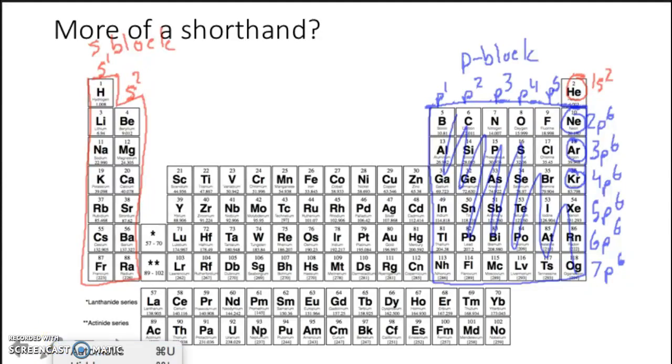Okay, well, we've got 2 more blocks to figure out. We've got this block, well, that's 1, 2, 3, 4, 5, 6, 7, 8, 9, 10. So this is the D block. And that is d1, d2, 3, 4, 5, 6, 7, and all the way over d8, d9, d10.